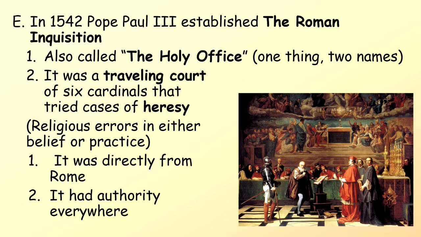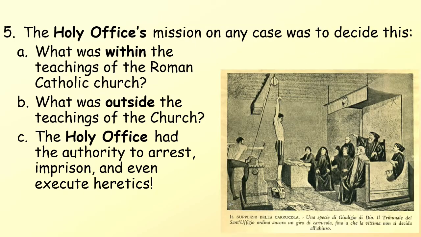And the Holy Office was a traveling court of 6 cardinals that tried cases of heresy. And when we say heresy, what we mean by that is religious error in either belief or practice. The Roman Inquisition, or as it was also known, the Holy Office, came directly from Rome, and it had authority everywhere.